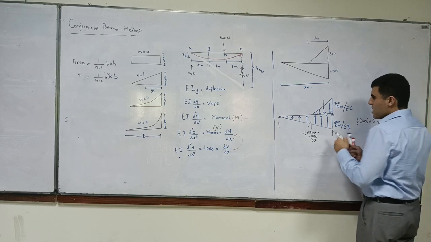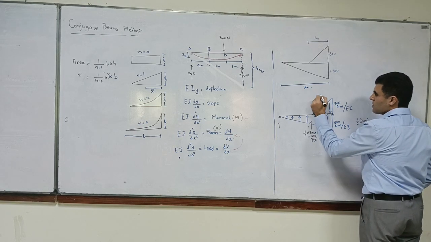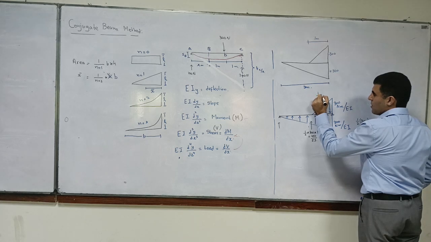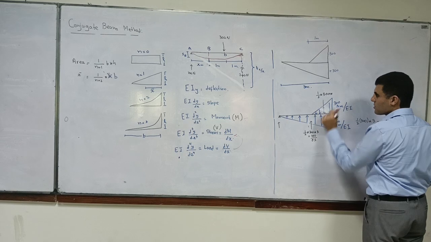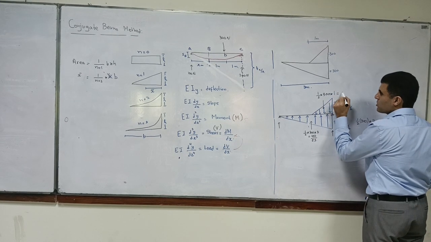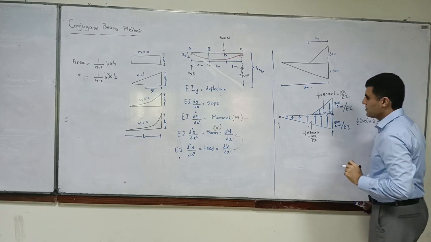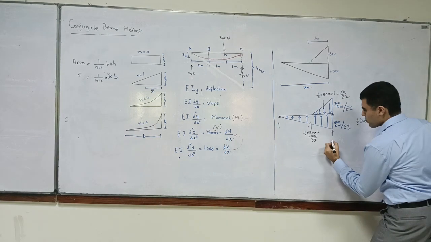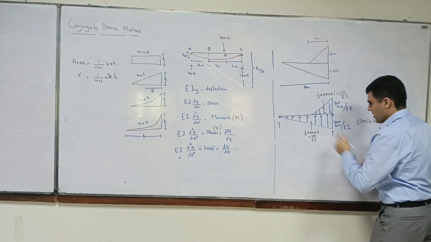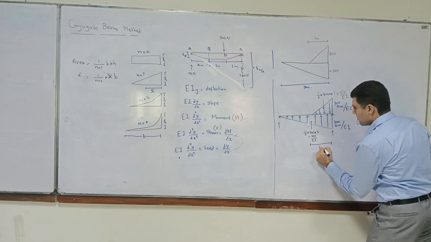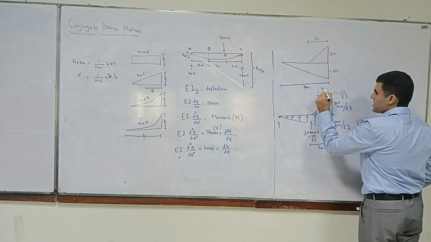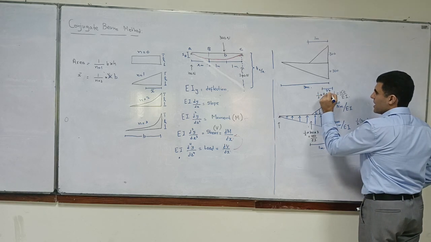And how much is this one? Half into 300 into 1. This one is at a distance of 1 meter and this one is at a distance of 1 by 3 meter.